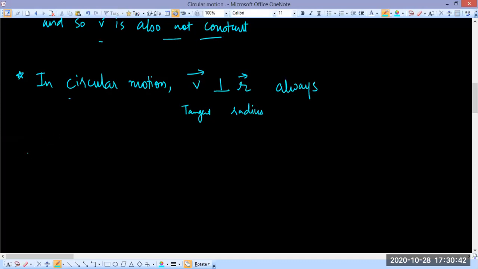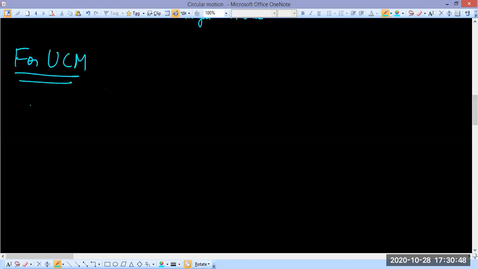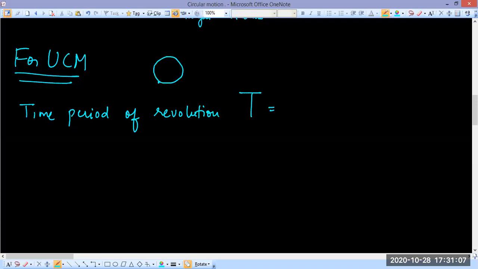Okay, from here, so for UCM, all right, time period of revolution, capital T, right? This is a very trivial thing, I know everyone will get it in one go. Once it goes around the circle, it will travel a distance 2 pi r.